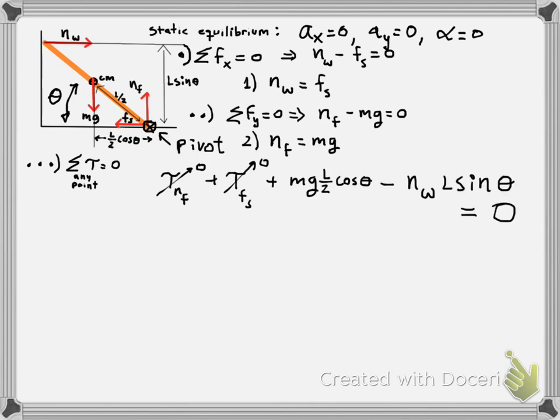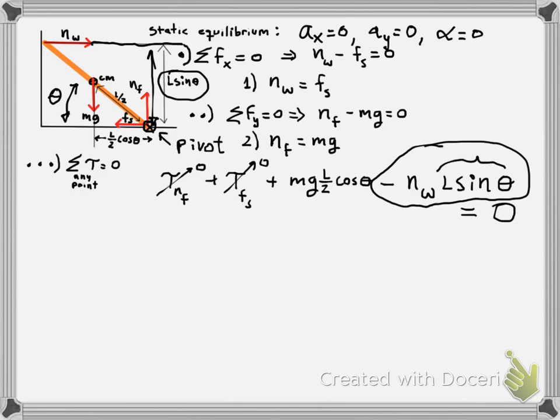The moment arm, meaning the distance between the line of the force and the axis of rotation, this distance as indicated here is L sine theta. So the torque for the normal with the wall is going to be negative NW times L sine theta. This distance right here is the moment arm of NW. The D, that's the letter that we've used for moment arm, the moment arm of the force normal with the wall.